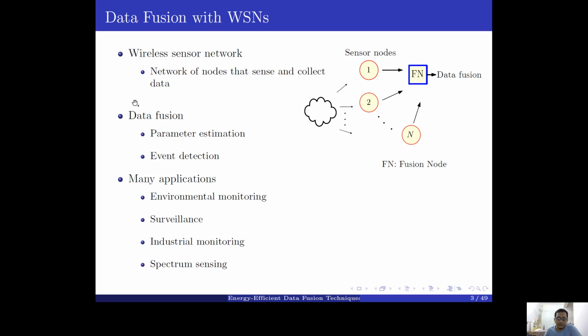Here by data fusion we mean parameter estimation or event detection. Such a framework has several practical applications that include environmental monitoring, surveillance, industrial monitoring, and spectrum sensing in cognitive radio networks.